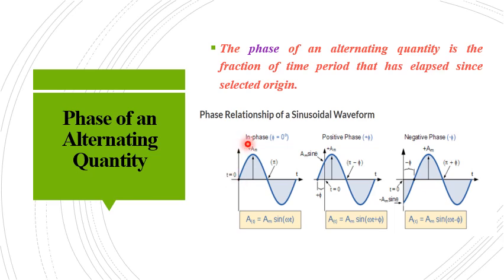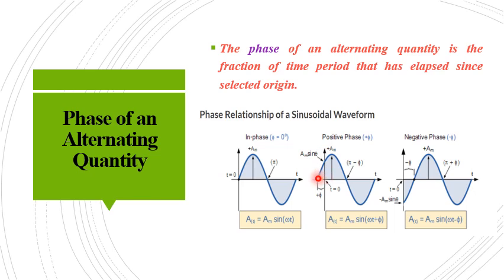So here we can say that the time elapsed after the selected origin is 0 at the given time instant. So here phase is 0. Why? Because your selected origin and the time instant when we are calculating the phase are coinciding. So your phase is 0. Then consider the next figure.